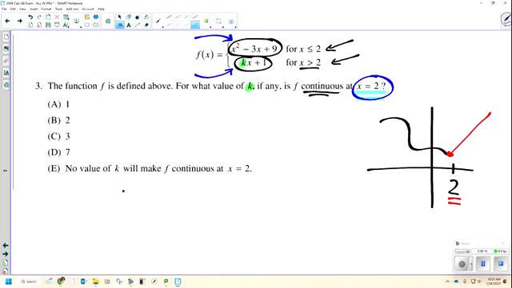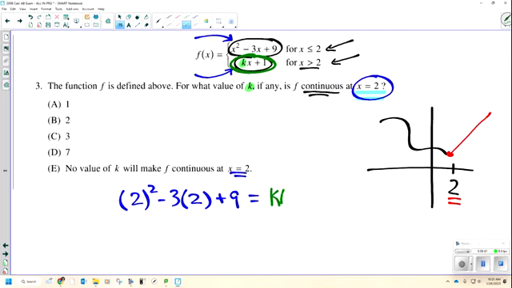It's x squared, and I'm using parentheses for my variable, minus 3 times x plus 9. And I'm going to throw a 2 in there. I want that to be the same as throwing an x into this bottom function. Keep in mind, I'm not throwing a 2 in for k, but in for that x. So it is k times x plus 1, and they want x to be 2.